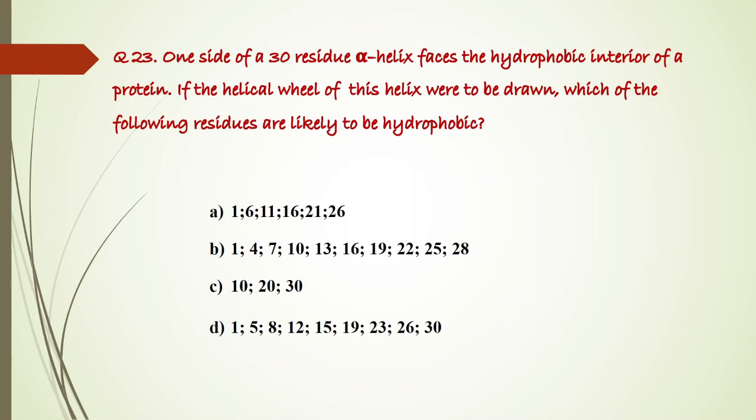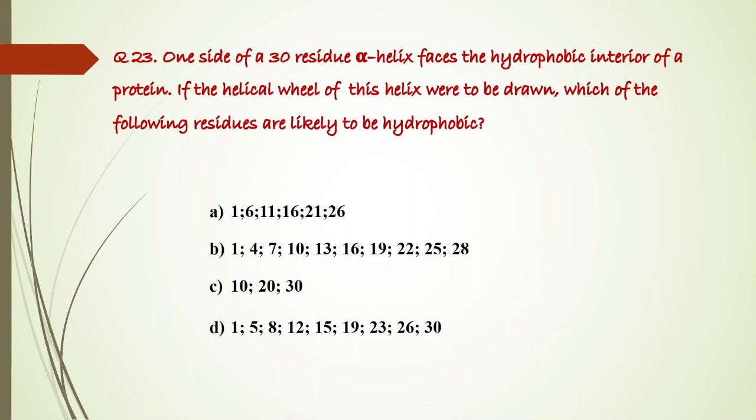Basically, the alpha helix consists of 30 residues of amino acids. You just need to draw a helical wheel for 30 residues and then guess the probable residues that are likely to stay in the hydrophobic region. This is a very interesting question.